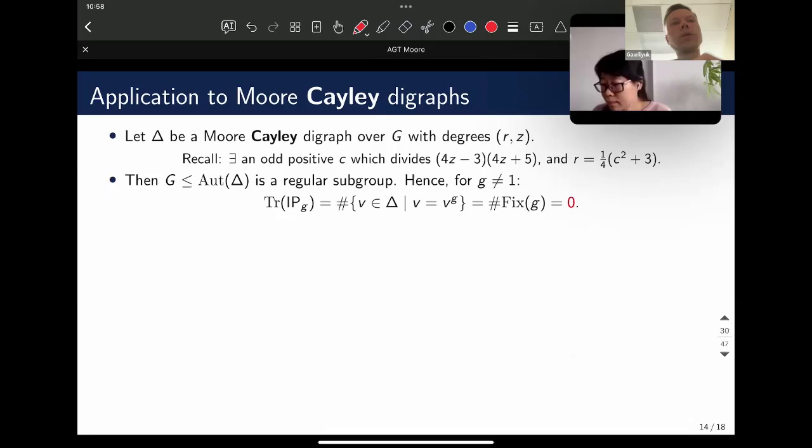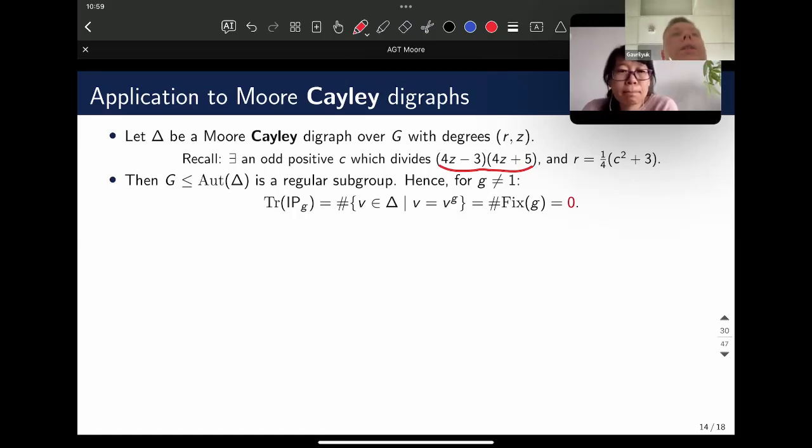Okay, so now let me explain how we used this observation in our work. From now on, we assume that delta is a Moore Cayley digraph over a group G with degrees R and Z. And let's recall that by the Bosák theorem, there exists a non-positive integer C, which divides this product, and R equals 1 over 4 times C squared plus 3.